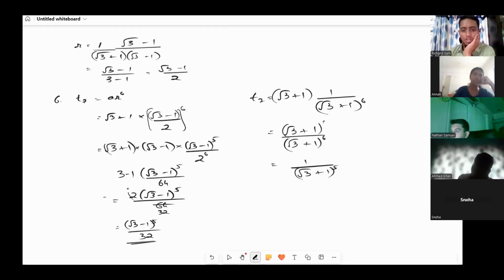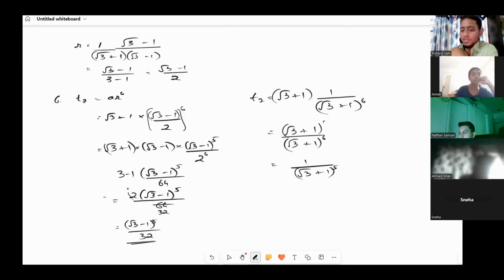Okay, so if we don't rationalize the denominator, this is the formula: A into R raised to 6. R is 1 upon root 3 plus 1, so that raised to 6. So we get 1 and 6 as the powers, which we subtract, and that will become minus 5 in the numerator.